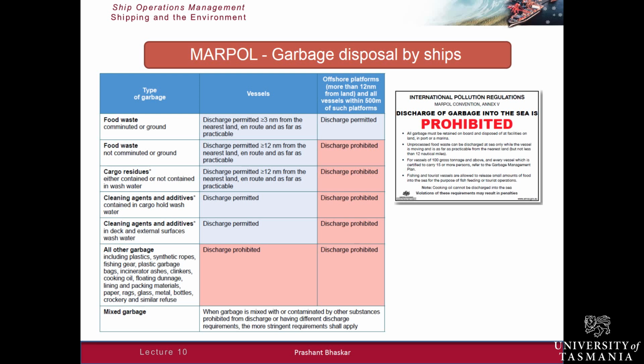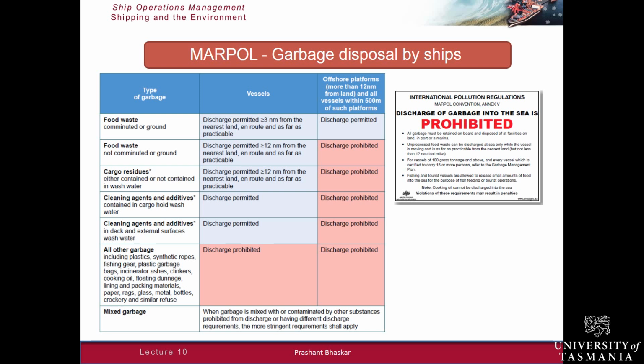On bulk carriers, the holds have to be washed down, and often the washings themselves will have the residues from cargo. And these discharges are permitted. So if it is just the cargo residue, then the discharge is permitted. The ship has to be more than 12 miles from the land. Similarly with cleaning agents and additives as well.